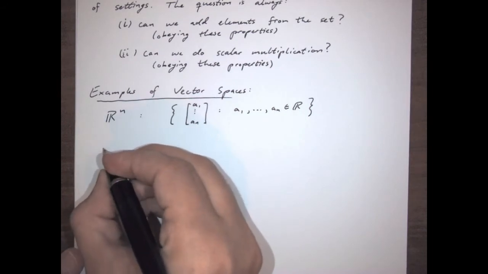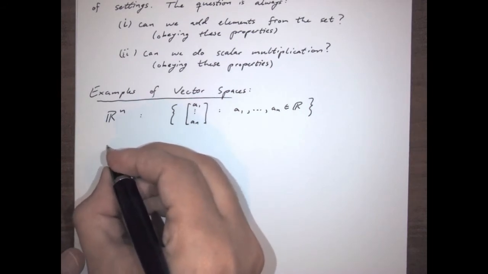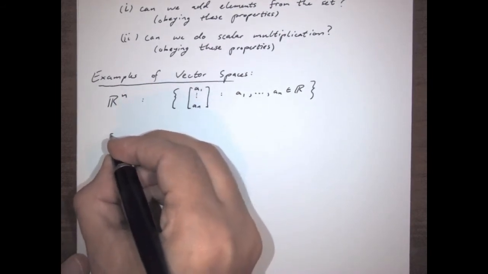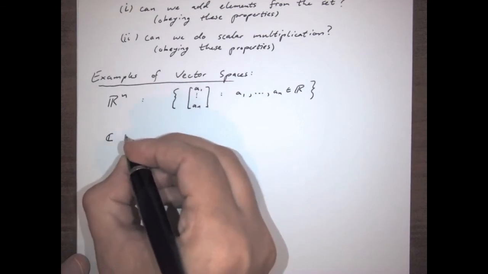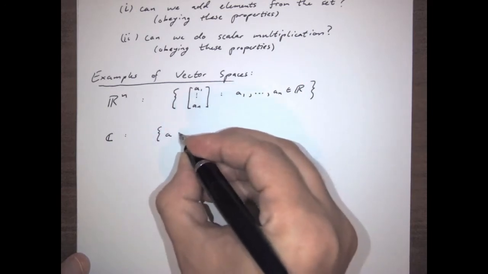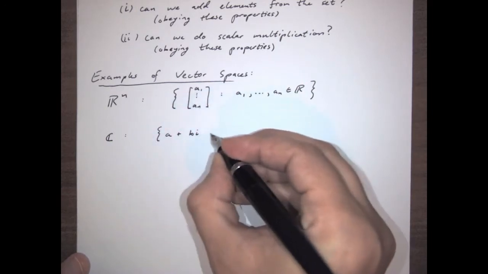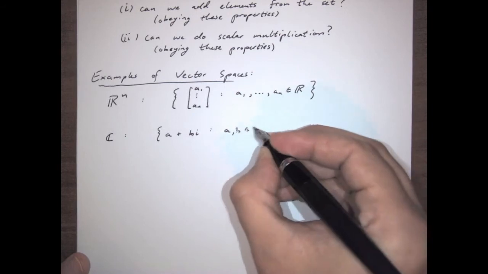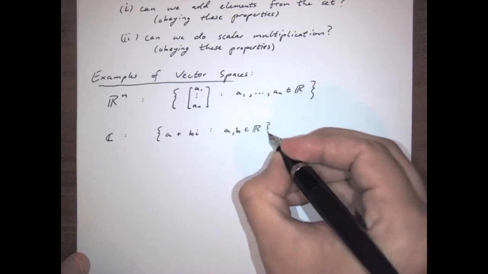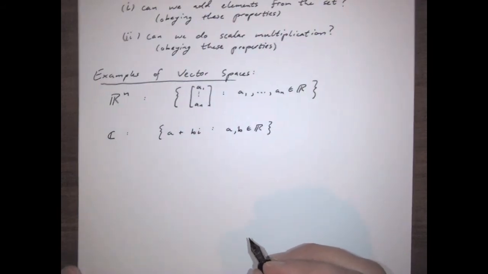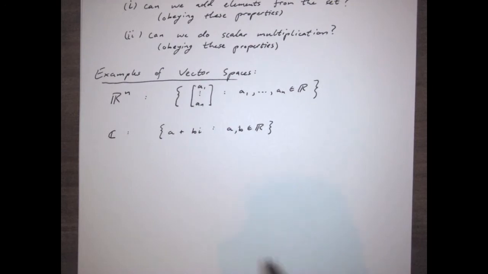Okay, so here's another example of a vector space that is a little bit more exotic. Complex numbers. So these are things of the form a plus bi, where again the a and the b are real numbers, and then i is of course the famous imaginary number, the square root of -1. This particular set does indeed satisfy all these properties.